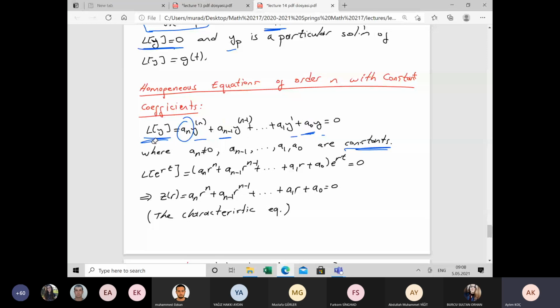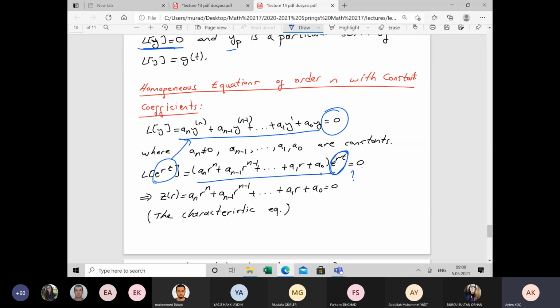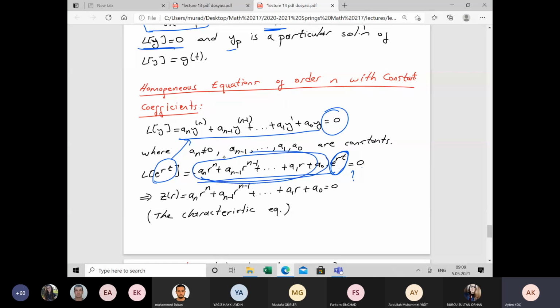We claim that e to the rt is a solution of our differential equation. Substitute it here, and this should give 0. Since e to the rt is non-zero for every r, the remaining part should be 0.